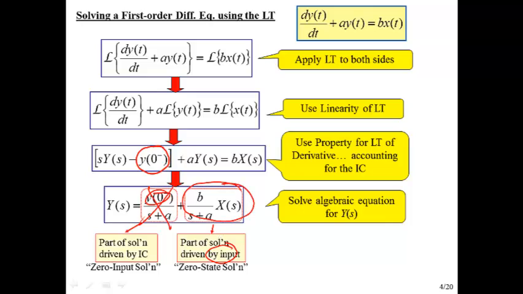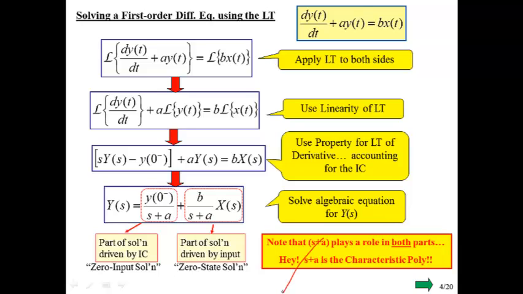And so we use the term state to represent initial condition, and so this part is called the zero state solution. So just like discrete time, we break our solution down into these two parts. Zero input solution, which is driven by the initial condition. Zero state solution, which is driven by the input.